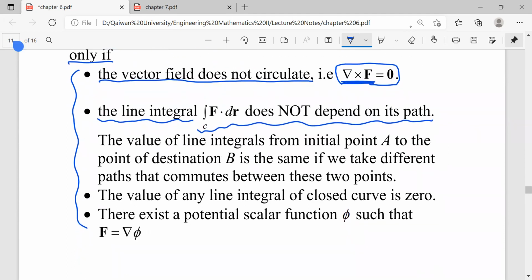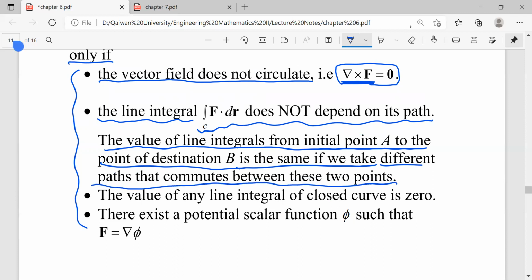The value of the line integral from initial to destination is the same for different paths between these two points.